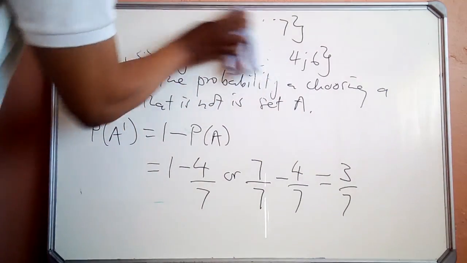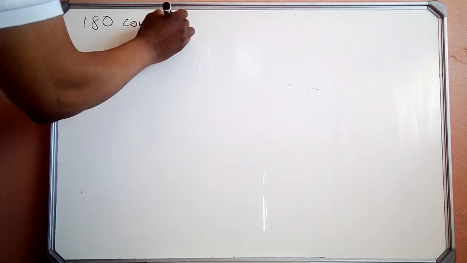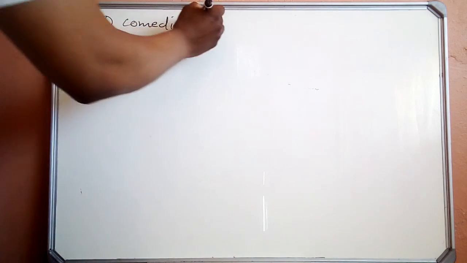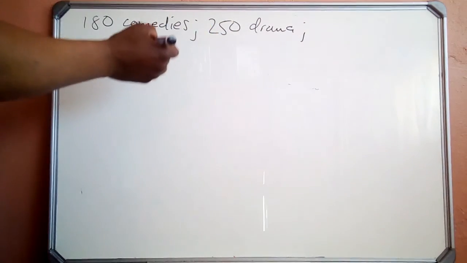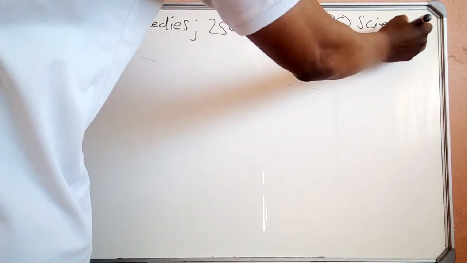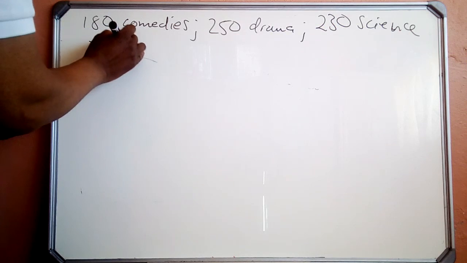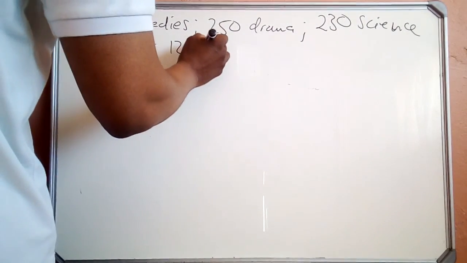Let us look at another question. In the next question, we're given that a DVD shop has 180 comedies, 250 drama films, 230 science fiction, and also 120 thrillers.